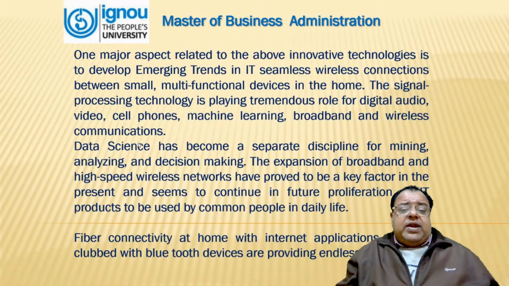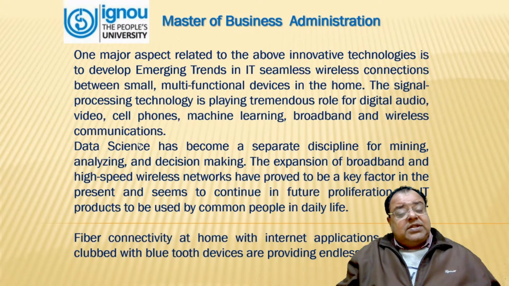One major aspect related to the above innovative technology is to develop emerging trends in IT, seamless wireless connections between small multifunctional devices in the home. Signal processing technology is playing a tremendous role for digital audio, video, cell phones, machine learning, broadband and wireless communication.